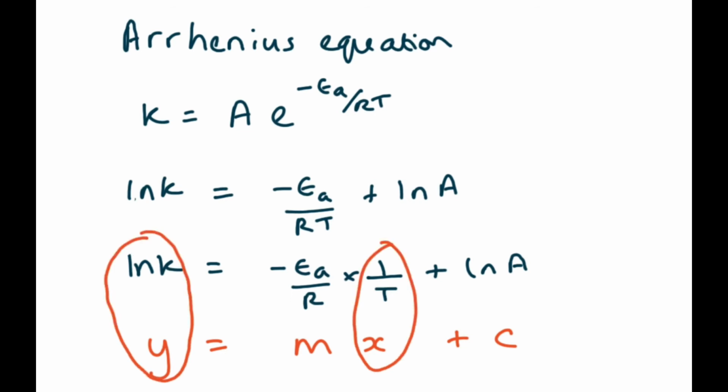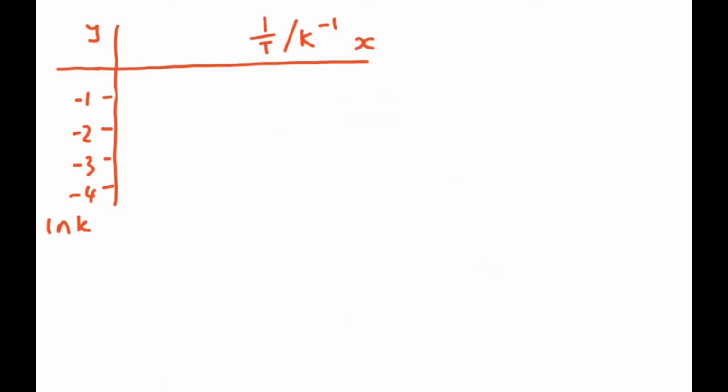The ln k is the y, the 1 over temperature is the x, and the gradient of the line is minus Ea over R. So if you plot 1 over temperature as the x-axis, and remember the temperature has to be in kelvins, that's a capital K, then the y-axis is the ln k, natural log k.